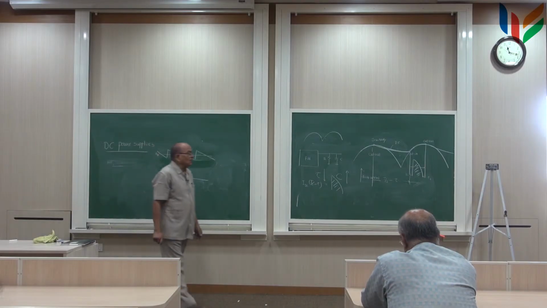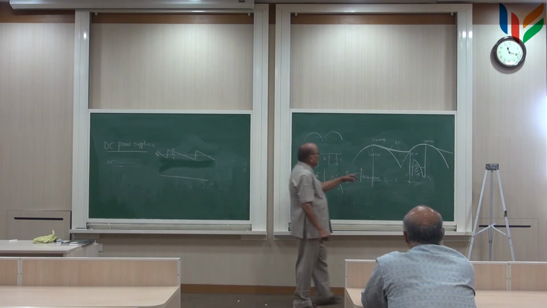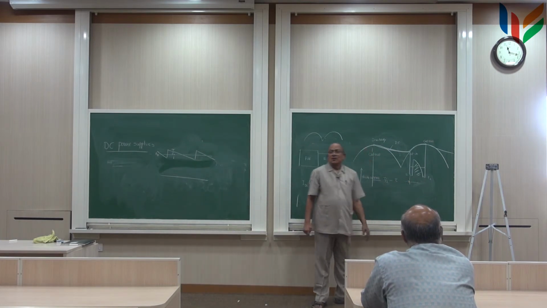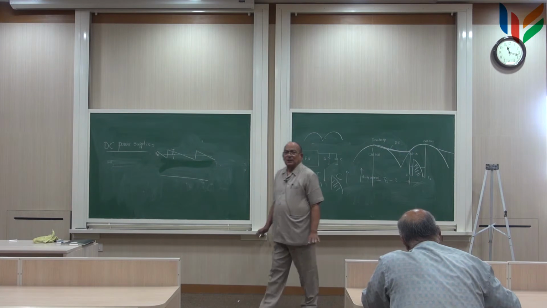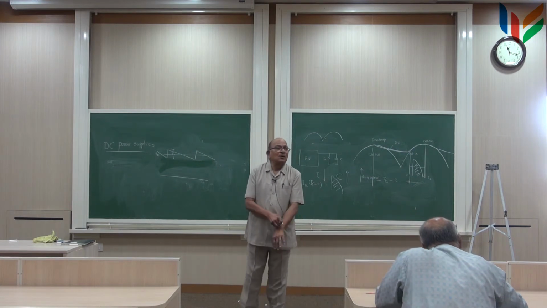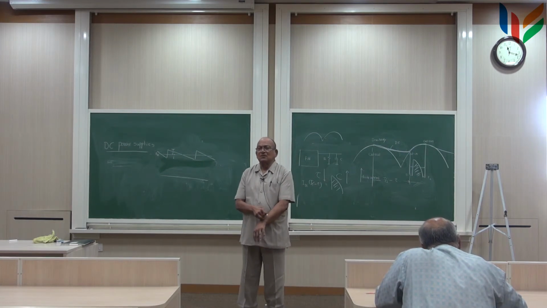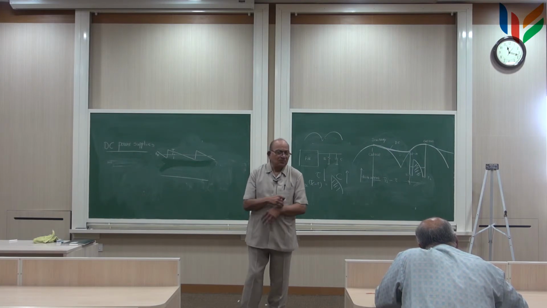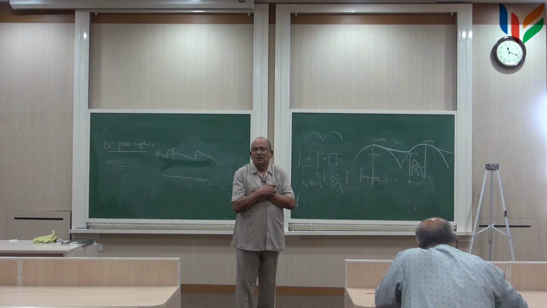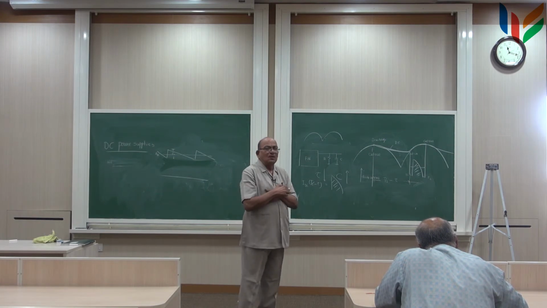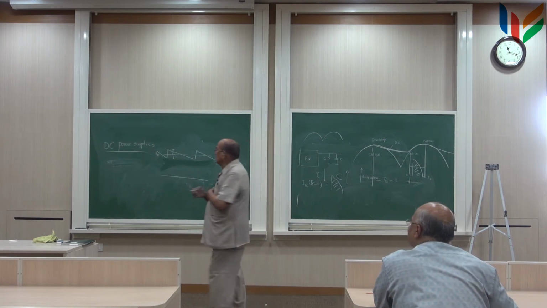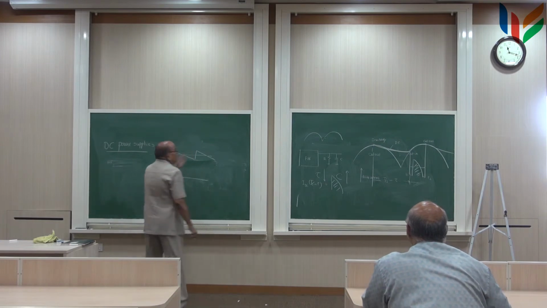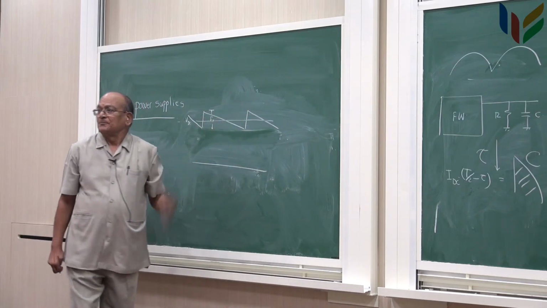This simplifies your life, because if you want to calculate T1 and T2, you will have to solve very complex equations to find out the value of T1 and the value of T2. If you are too fastidious, you can do that, but it is a very involved analysis. So people normally simplify this by saying that the waveform is something like this.